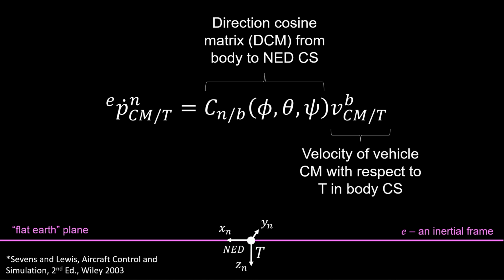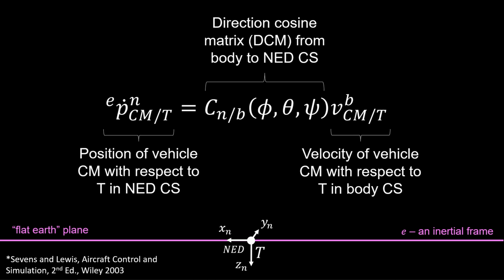The DCM, note, is a function of vehicle attitude, the Euler angles phi, theta, psi. On the left-hand side is the vehicle velocity, notated as the position vector derivative, p dot, resolved in NED with the derivative in the inertial frame.